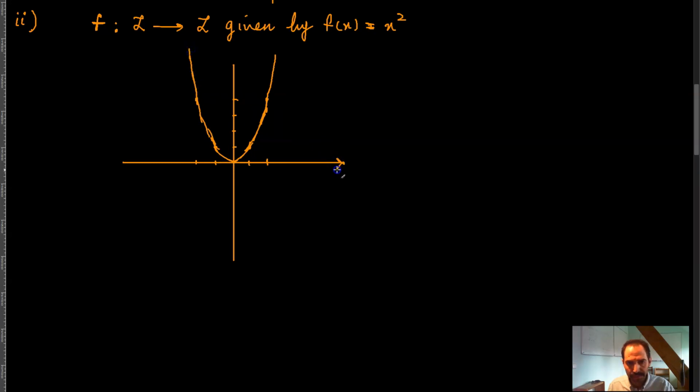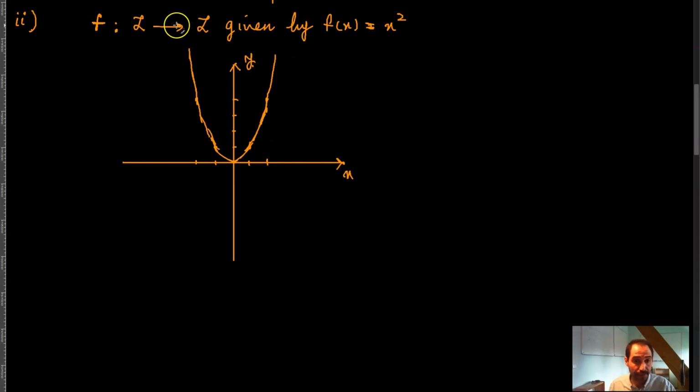Right? So now of course you know that this Z is your domain, this Z represents your codomain, and your domain over here is represented by this horizontal axis, your codomain is represented by this vertical axis.